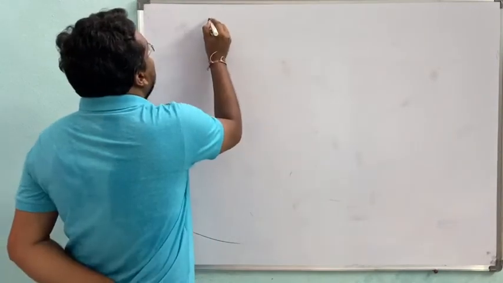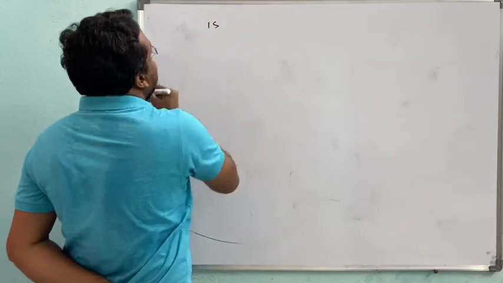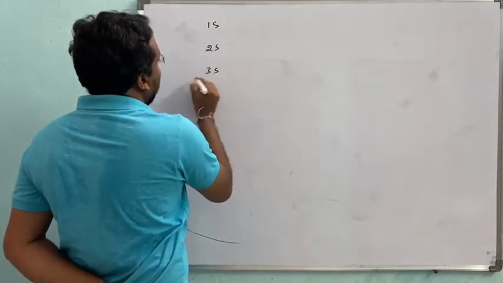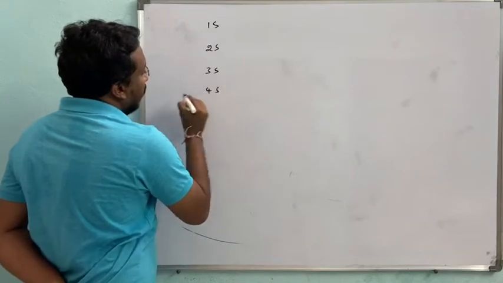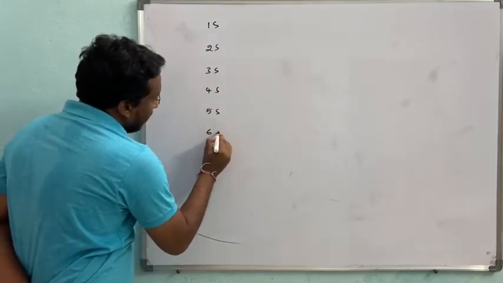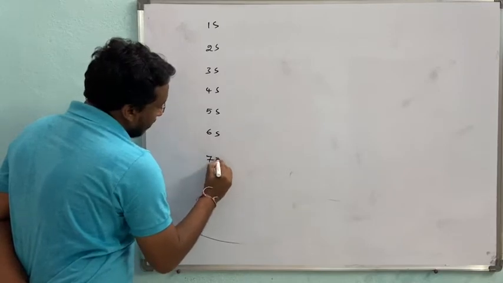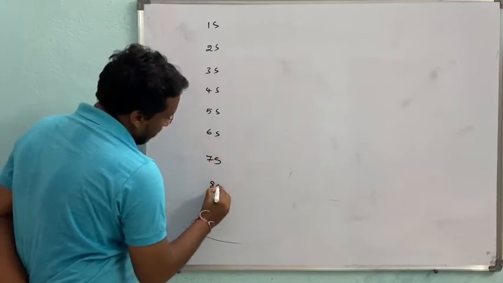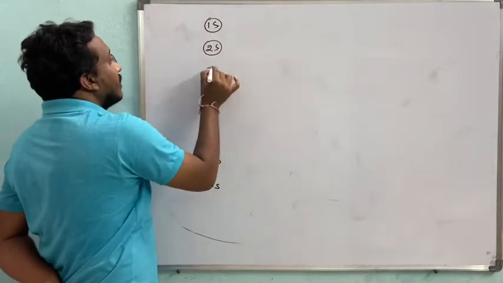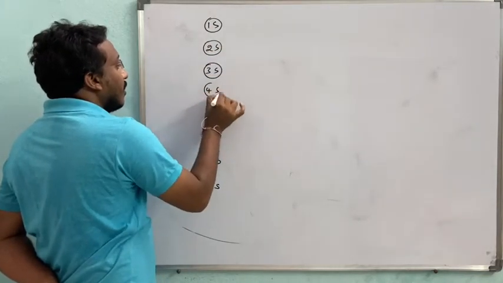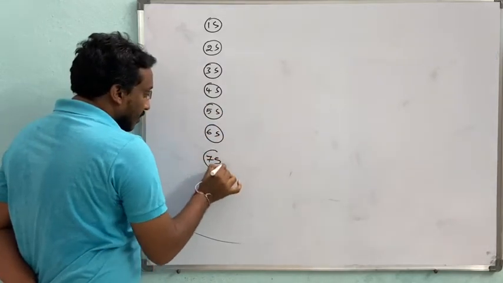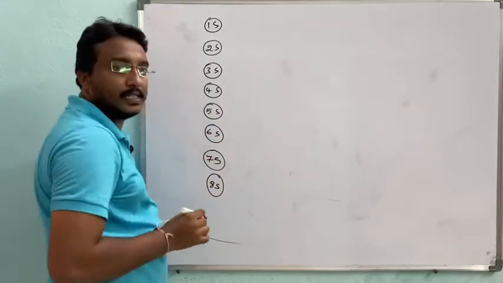See here, take 1s, 2s, 3s, 4s, 5s, 6s, 7s, 8s. 1s orbital, 2s orbital, 3s orbital, 4s orbital, 5s orbital, 6s orbital, 7s orbital, 8s orbital.